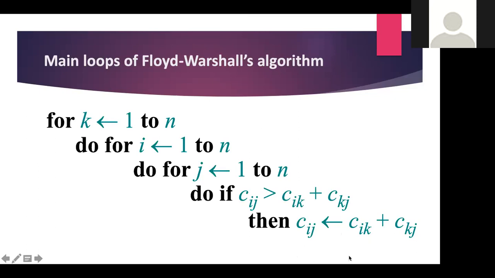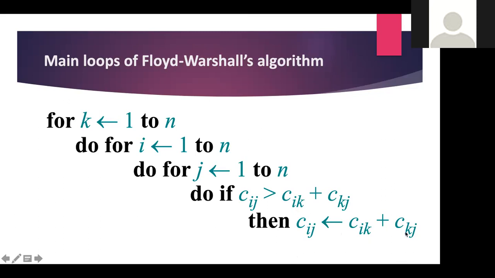So Floyd-Warshall's algorithm turns out to be something very, very simple. This is the code, this is the algorithm here. There are 3 for loops. It says for k equals 1 to n, i equals 1 to n, for j equals 1 to n. And there is only one statement here that says if C_ij is greater than C_ik plus C_kj, then update it.